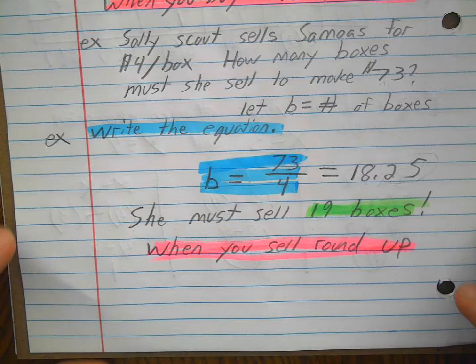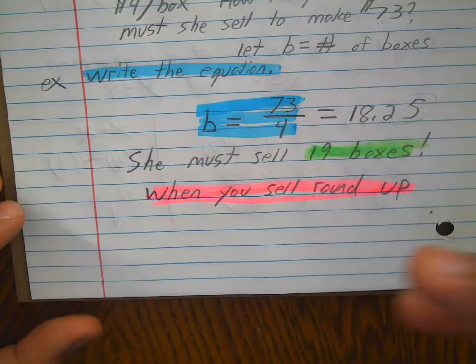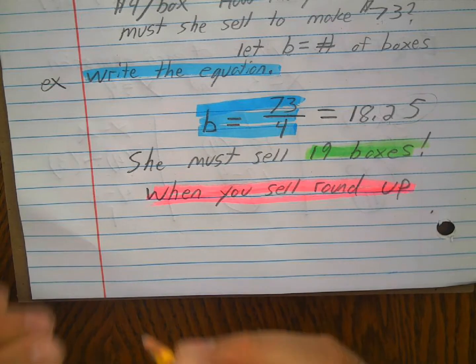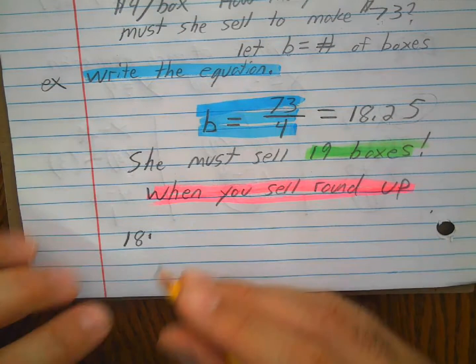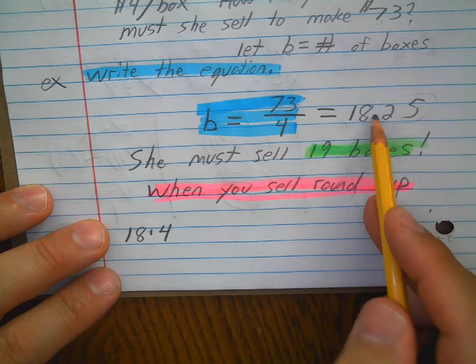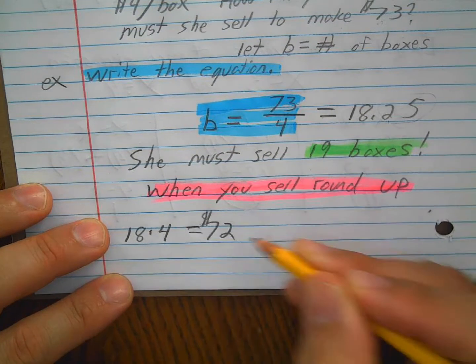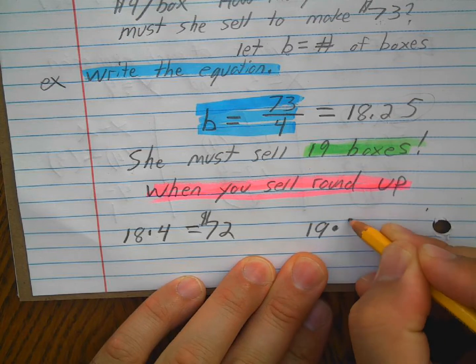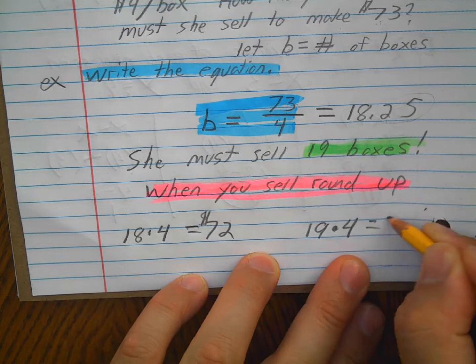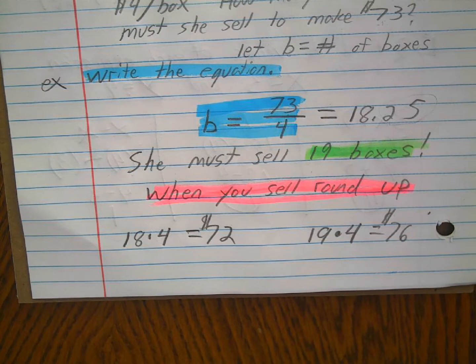All right? So let's talk about real quick what would happen if I wrote 18 times the $4 a box. If we rounded down instead, I would have got $72. Whereas if I round up to that total 19 times $4 a box, I get 76. So she gets past her 73.